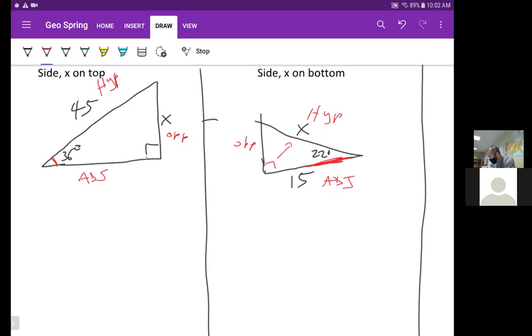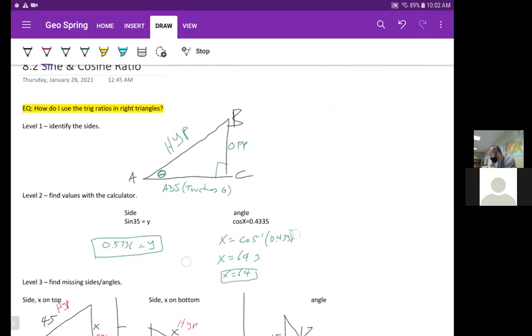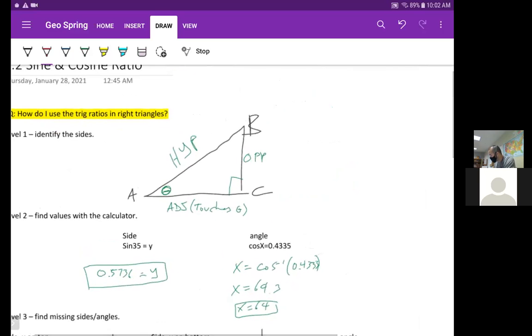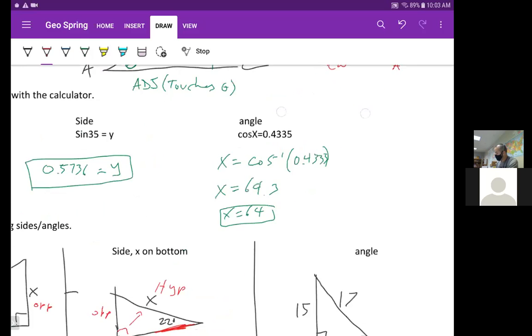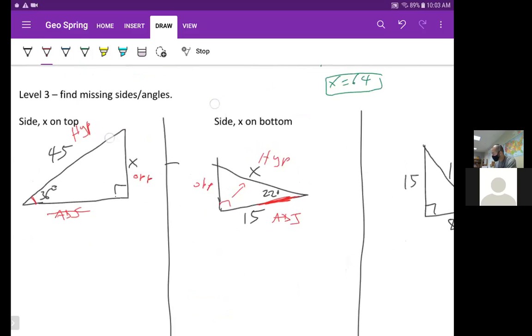So here we go. We don't have the adjacent, we just have O and H. So the three ratios: sine of theta equals O over H. Cosine of theta equals A over H. And then tangent of theta equals O over A. Real quick way to remember this, I'm going to write this up here.